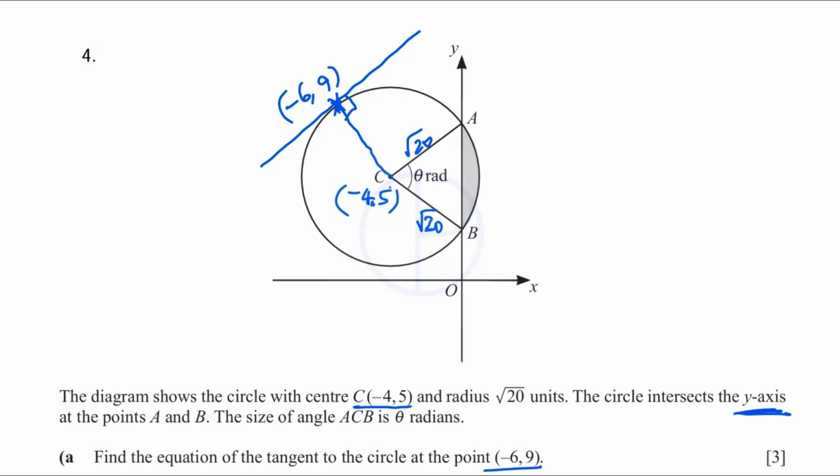That means at these points the value of x is 0. So for this x is 0 and for this x is 0. Let's substitute x equal to 0 in the circle equation to find the value of y.